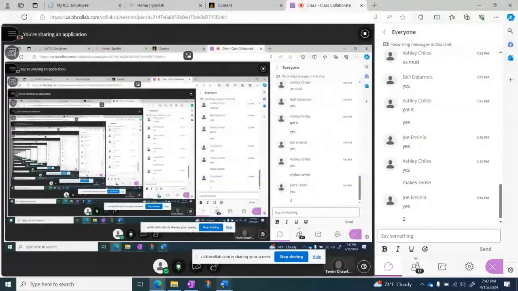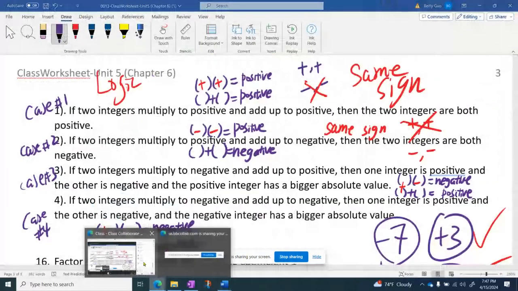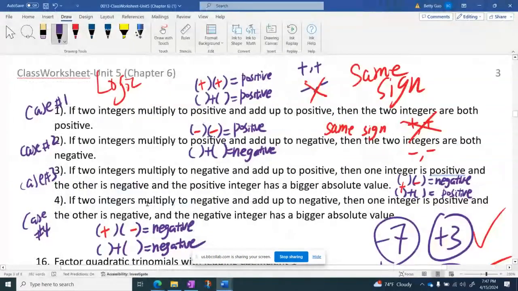Add up to negative. Let's look at it again. We are looking for two integers that multiply to negative and add up to negative. Multiply to negative, add up to negative.